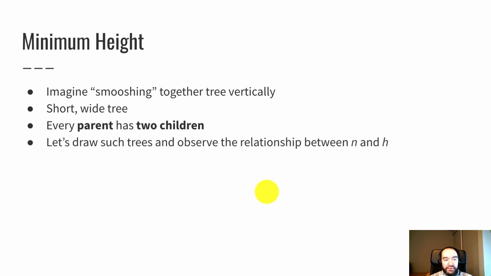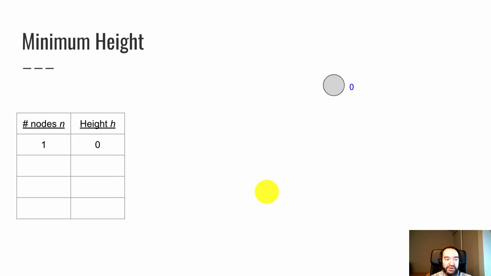So what we're going to do now is draw trees like this, where every single node, if it's a parent and has children, it has the full 2 children. The only nodes that don't have 2 children are the leaves that have 0 children. So we're going to draw examples of that, bigger and bigger trees, and observe the relationship between n, the number of nodes, and h, the height of the tree that we get.